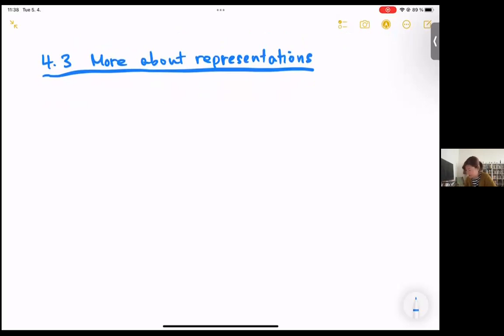But I'll leave that stuff to Tristan. So first of all, we've already seen the universal representation. We saw the GNS representation of a state or a functional. And we also have something called a cyclic representation.